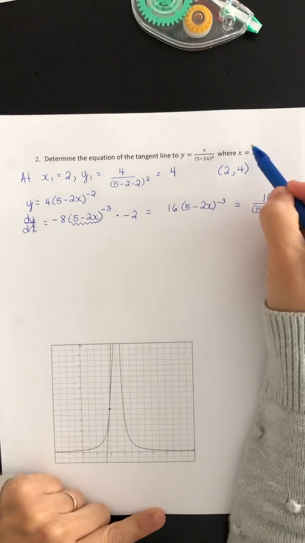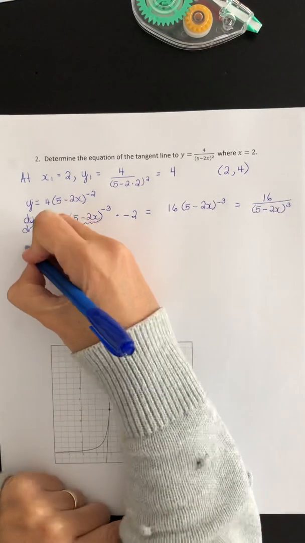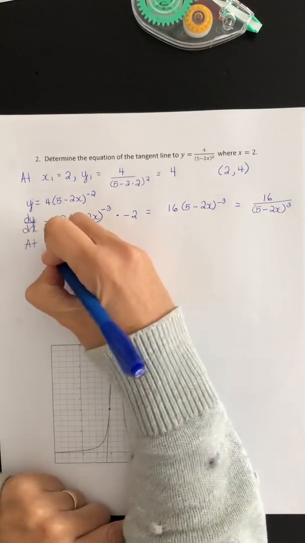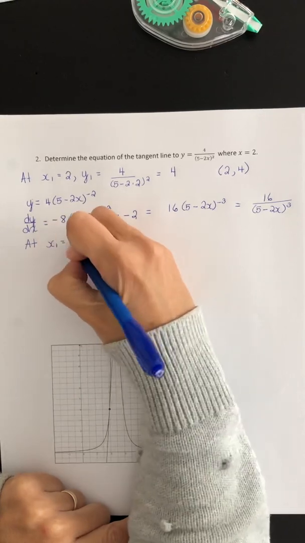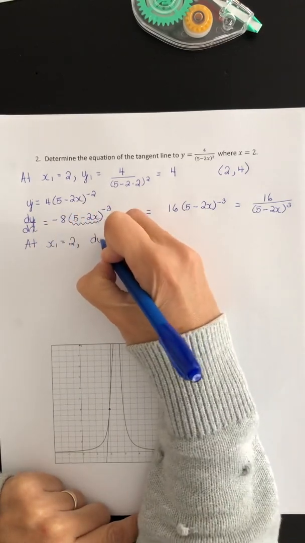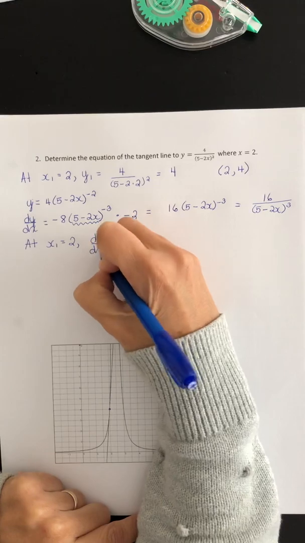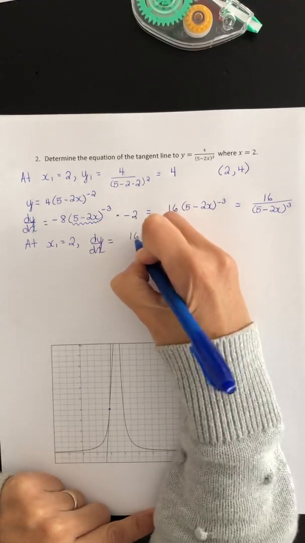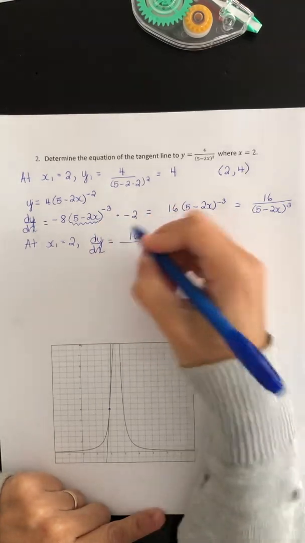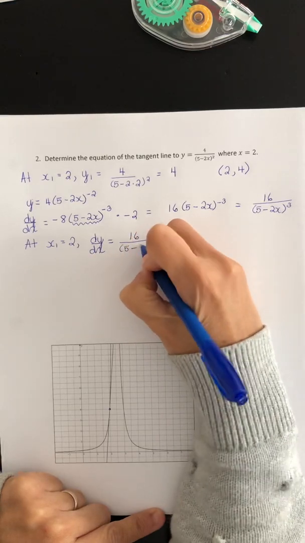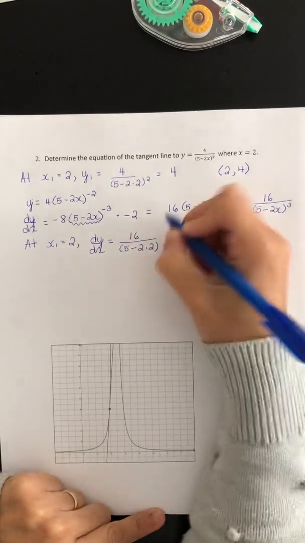And of course, we use the given x value. So we can say here, when x1 is 2, the derivative is equal to 16 over (5 minus 2 times 2) all cubed.